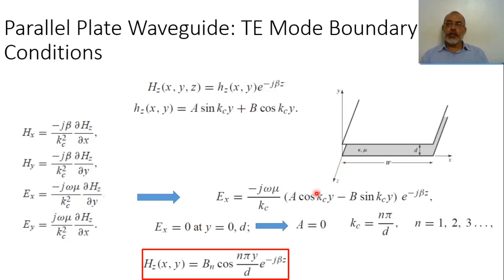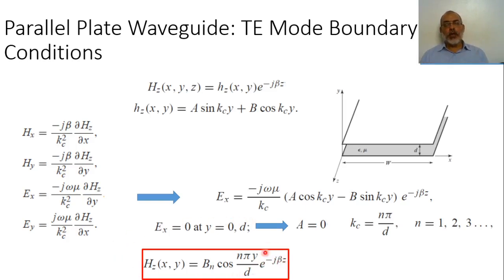So in this case, the coefficient A would be 0, and Kc would be n pi over d, where n equals 1, 2, 3, and so on. So by applying these two conditions on Hz, we can say that Hz equals B cosine(n pi y over d) e to the power minus j beta z.